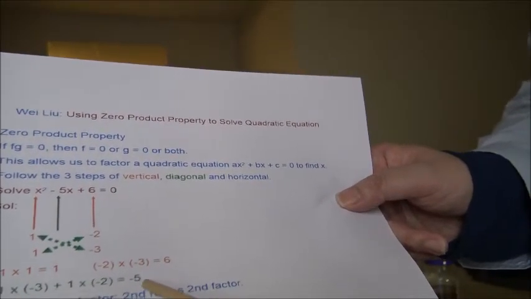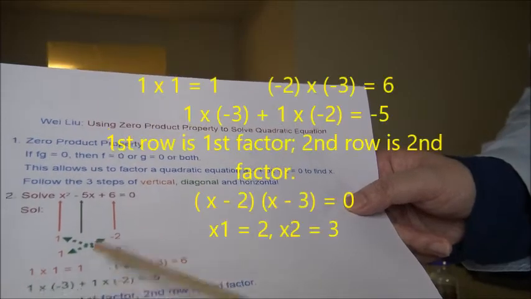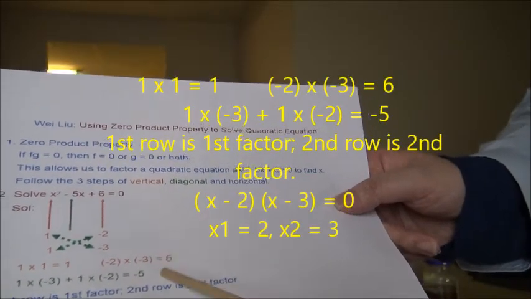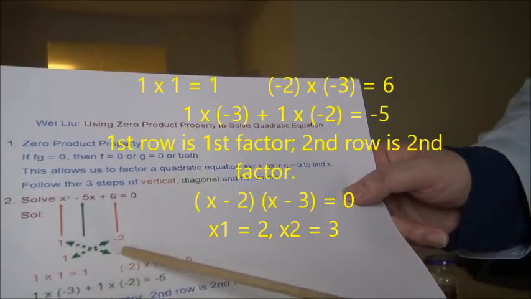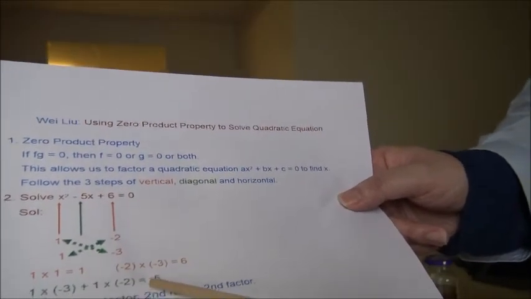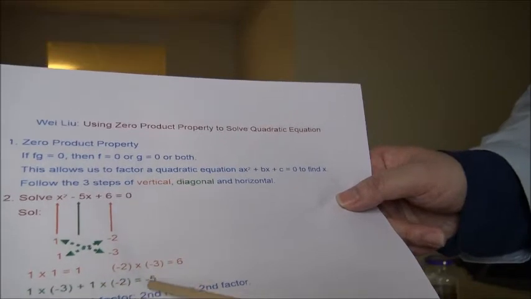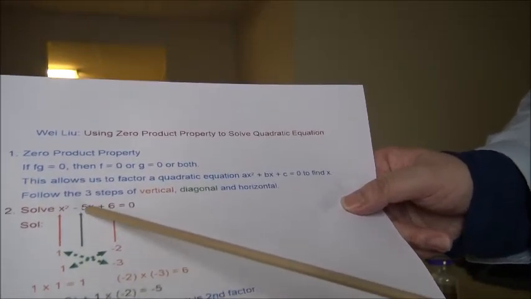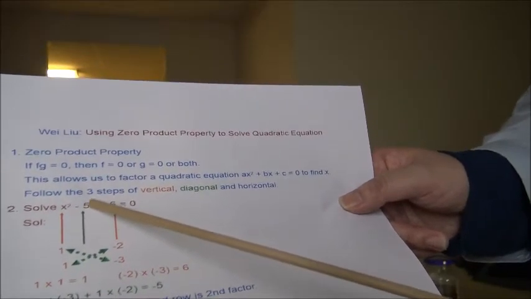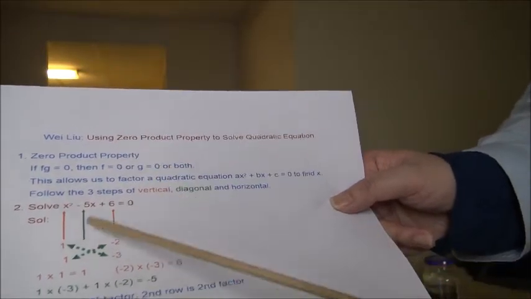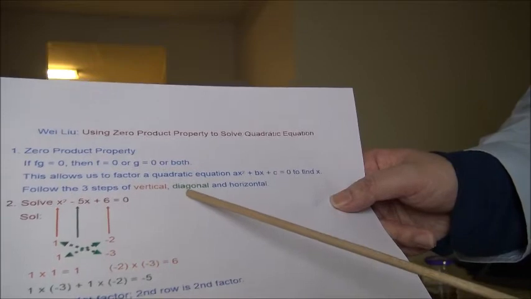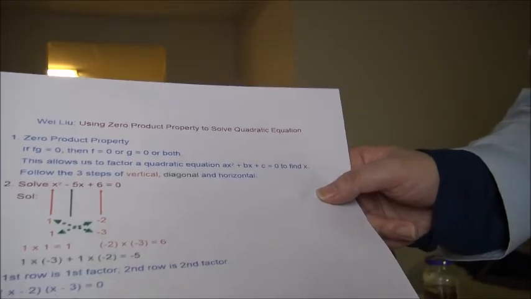That equals negative 5, right? Negative 3 and negative 2 is negative 5. The cross product adding up equals negative 5, which is the coefficient of the first power. That means our second step, diagonal, green color, is done.